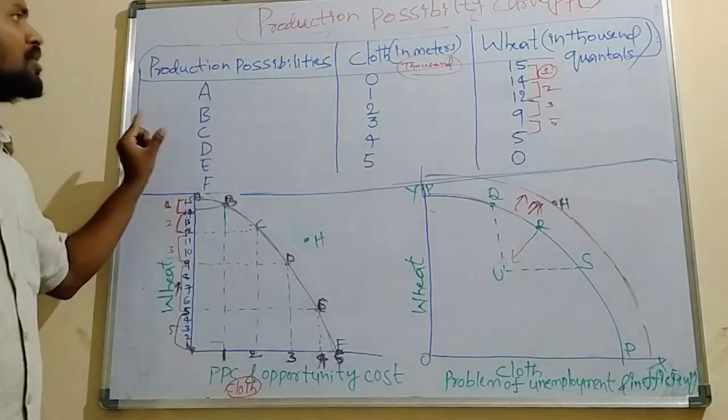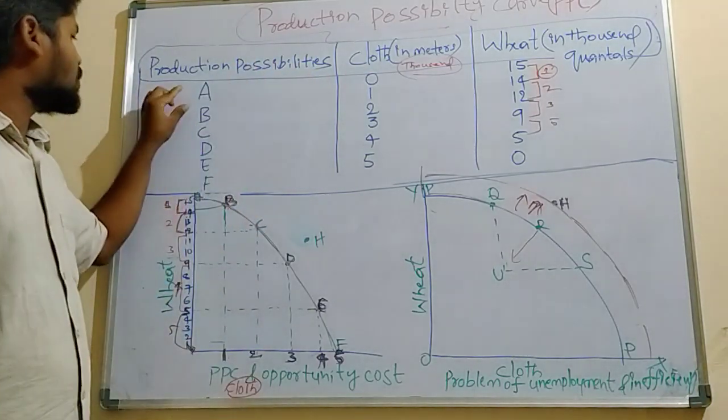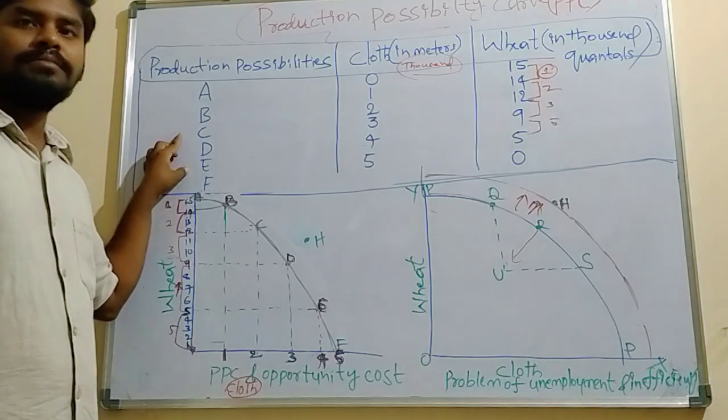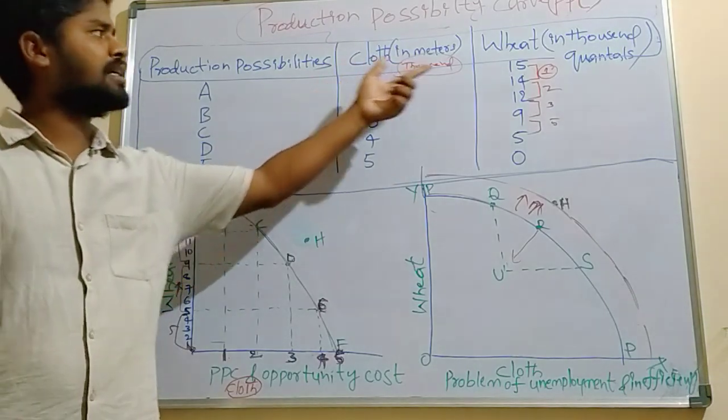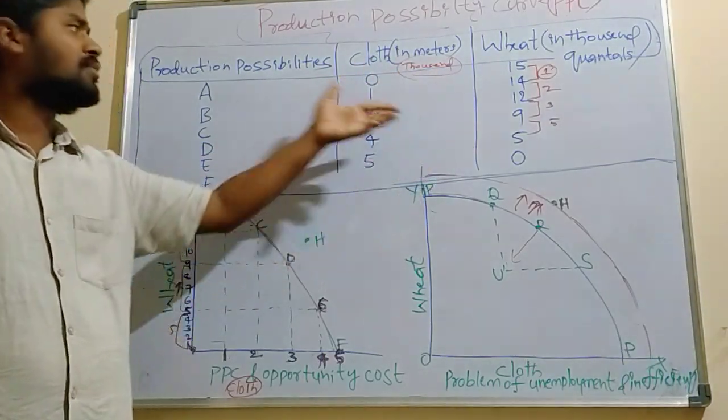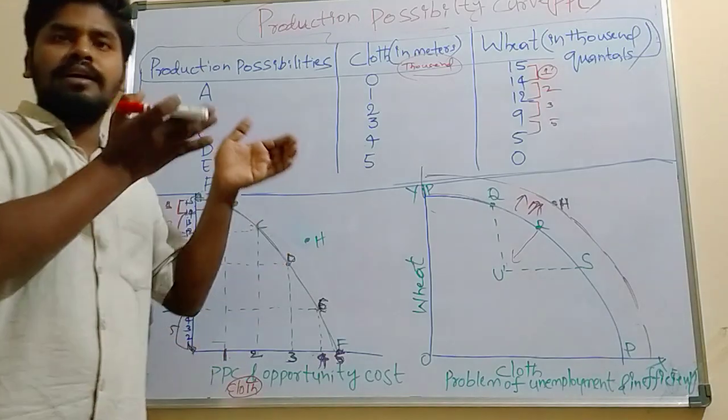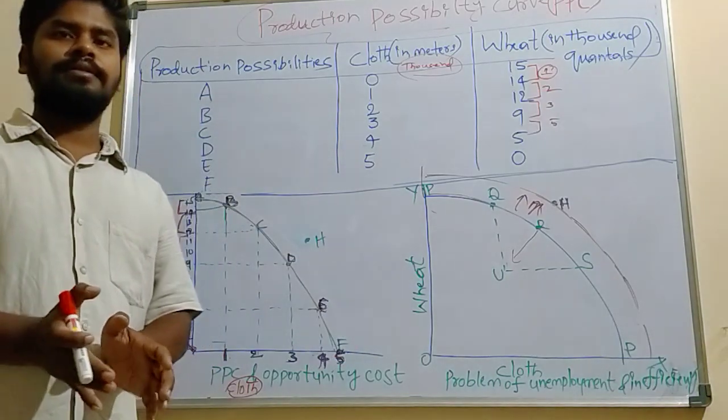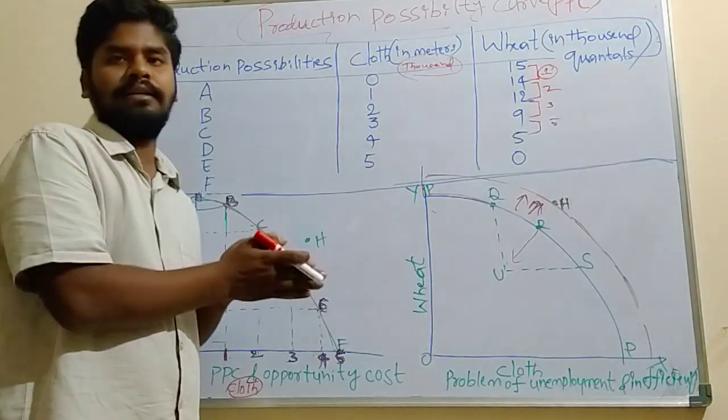So this is what the production possibility curve is. What is the production possibility curve? It shows the various combinations of two goods, cloth and wheat, that can be produced with the given amount of resources and technology, used in an efficient manner.